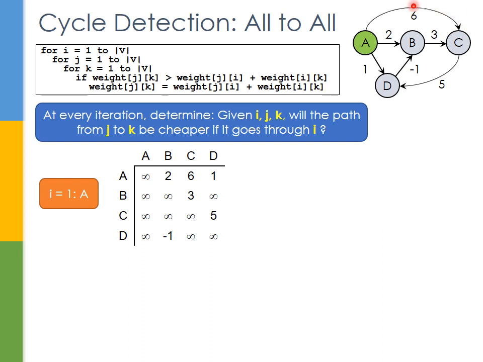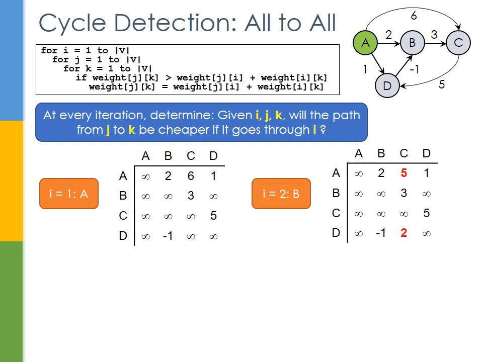Now, if we look at our graph over here, we see that it is a directed graph, and we see that no vertices connect up to vertex A. So this means that there are no paths that run through vertex A. We can only use vertex A as a source point to move along a path from. So because there are no paths that move through vertex A, this means then we can't find shorter paths using vertex A, and therefore no values in the adjacency matrix are updated.